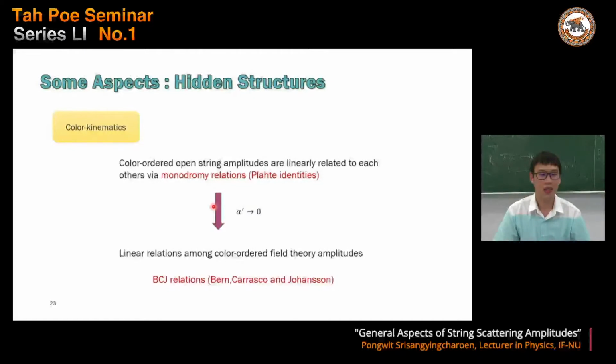The fact that the string theory version came first is kind of surprising to me, because field theory was developed longer than string theory. But the fact that string theory gives this kind of relation first suggests the greater simplicity of string theory.